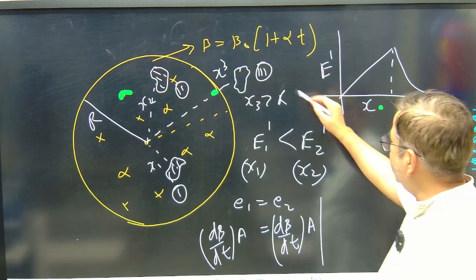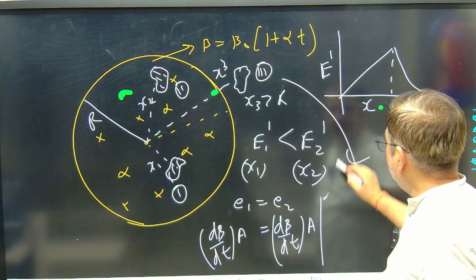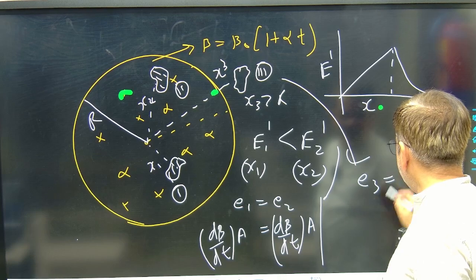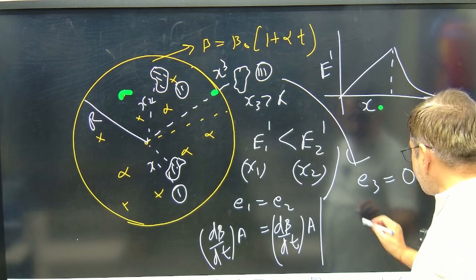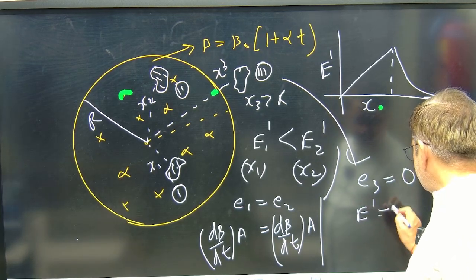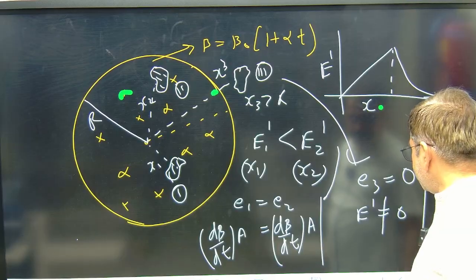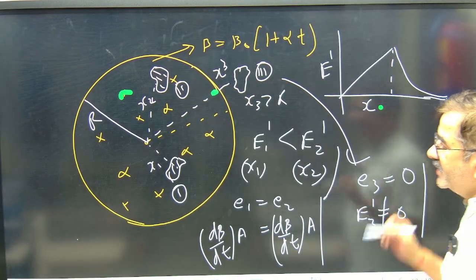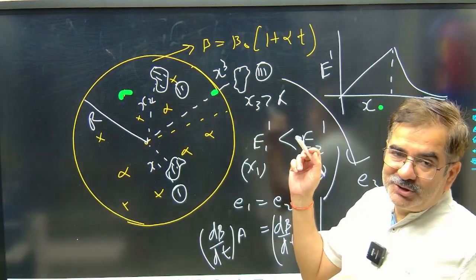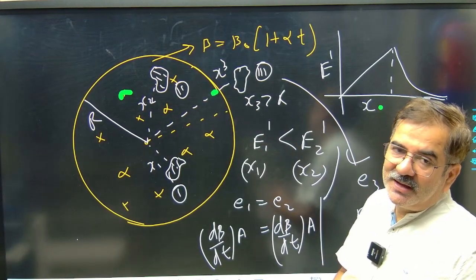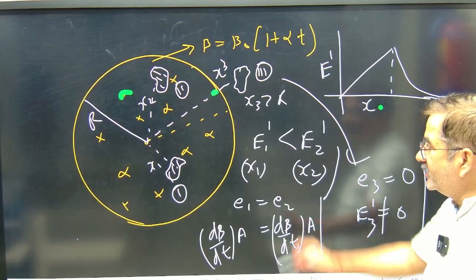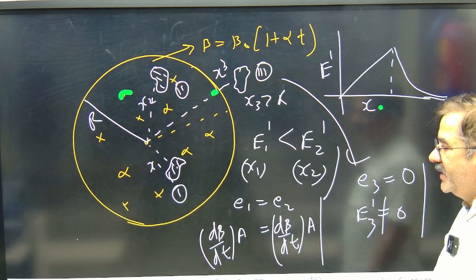Even for the third place, even though there was field existing, here E3 EMF will be 0, despite that E dash is not 0 in third place, E dash 3 is not 0. Meaning that the governing factor for induced EMF is flux change and not the induced electric field lines, because all the three loops were independent.